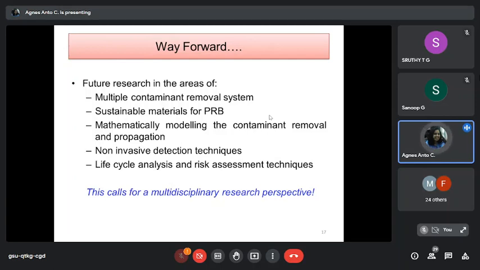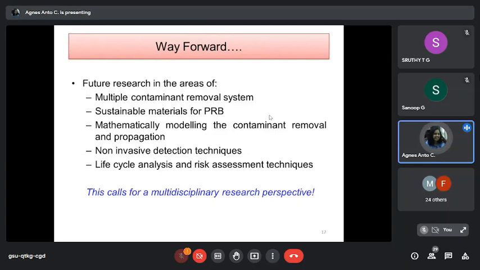First is how you can cater to the multiple contaminants present in the groundwater. As I have mentioned earlier, if you can think about compartmentalizing your PRB, say you divide it into different compartments, each catering to a different type of contaminant by a different mechanism, then you can remove them.